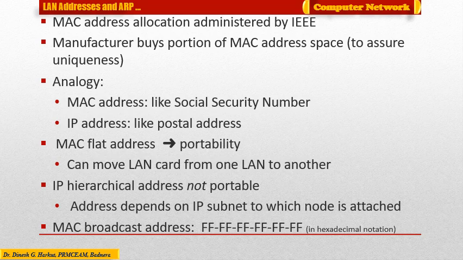If there is a match, the adapter extracts the enclosed datagram and passes the datagram up the protocol stack. If there is not a match, the adapter simply discards the frame without passing the network layer datagram up.